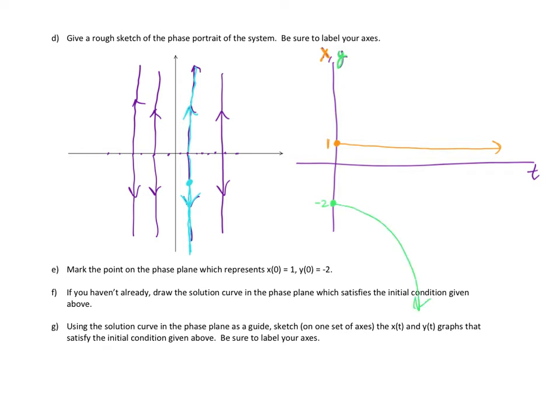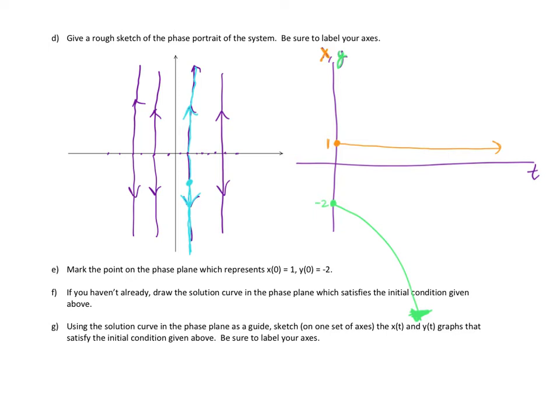Could look like that. Could look like that. Could be a straight line down. There's lots of ways to draw it. We don't know its exact shape, but I'm just going to pick one so that I don't confuse myself. So I think it's going to go something like that, just down. It's hard to know how fast because we took the vectors out, right?